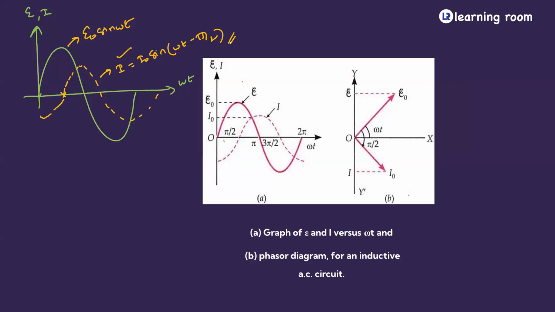So you can add these 2 points also. This will be E naught. This will be I naught.